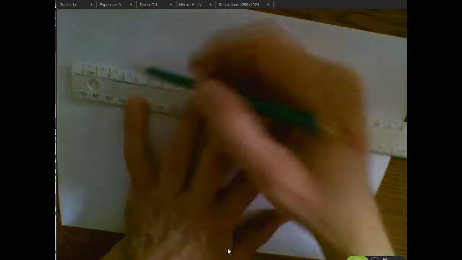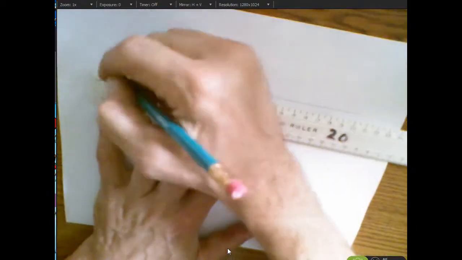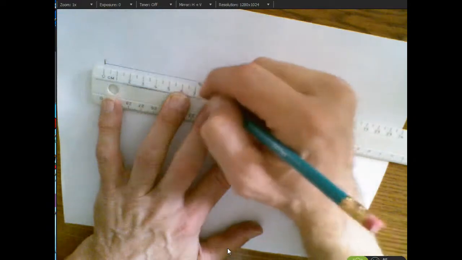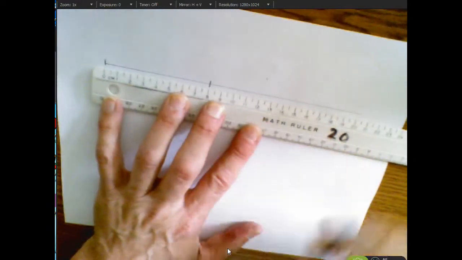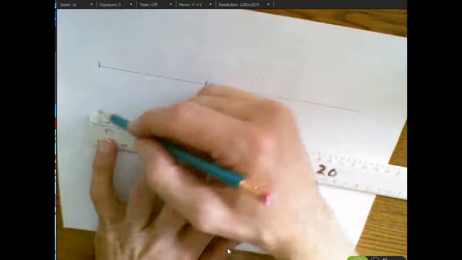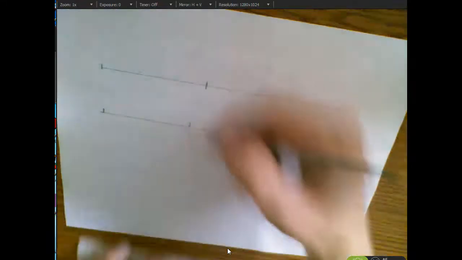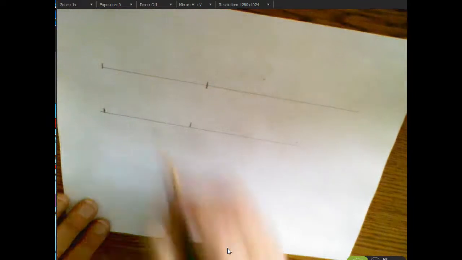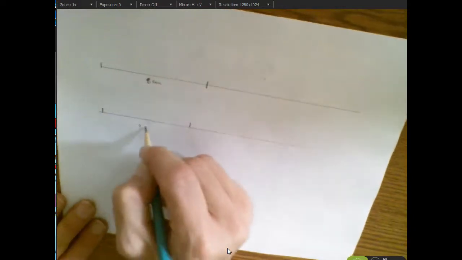So let's watch my example on the overhead. Okay, so I'm going to take a line, and I'm going to draw a line, and right here I said, wait a second, I have a segment that is 8 centimeters long. And then I have another segment over here. Okay, I'm just going to come here, and this segment is 7 centimeters long. So far, this is 8 centimeters, and this is 7 centimeters.